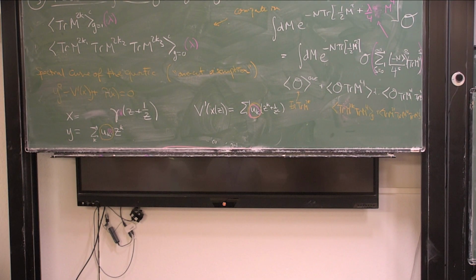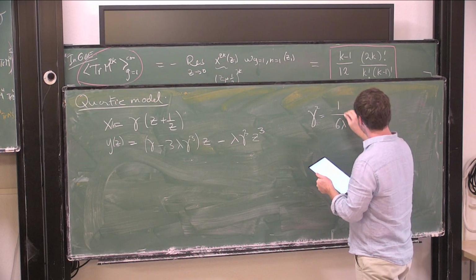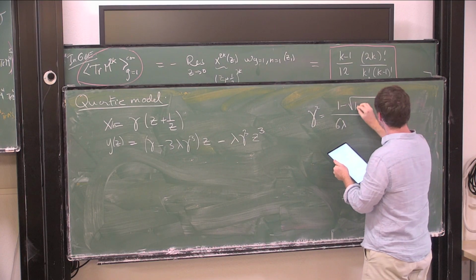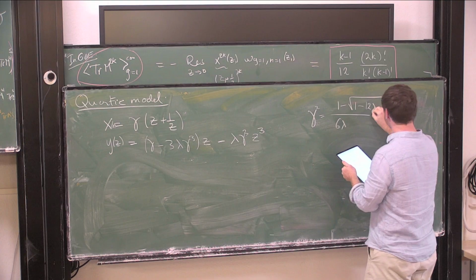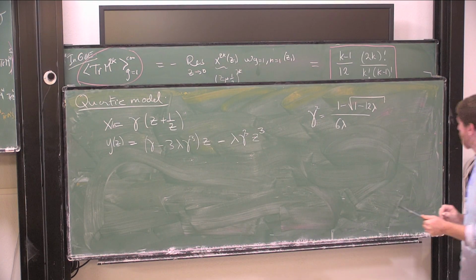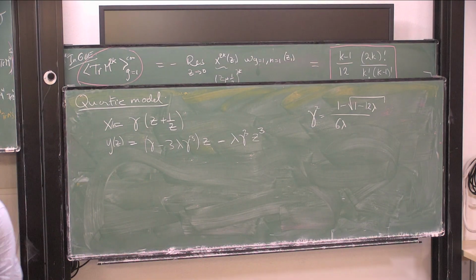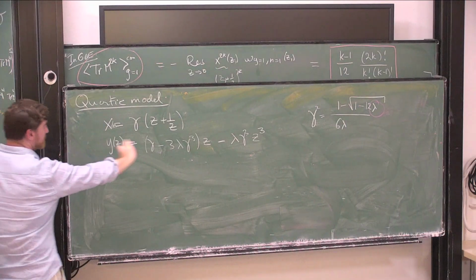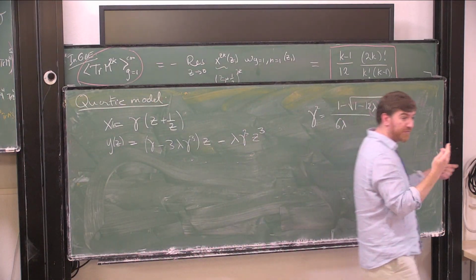So gamma squared is 1 over 6 lambda. So let's already see how there's some resummation going on, right? So this is a full function of lambda that's popping out over here. The same lambda over here. Okay. We're not writing this as a power series in terms of lambda. We're writing it as a full function of lambda.